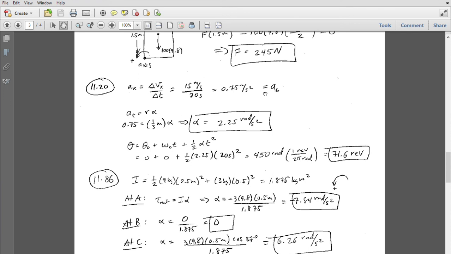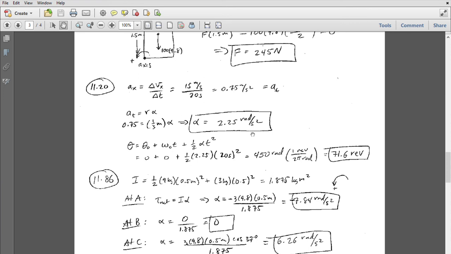Now, if that is the acceleration of the car, then that is also equal to the tangential acceleration at the edge of the wheel, so that we can figure out what the angular acceleration of the wheel is. In other words, if we know the linear acceleration and want the angular acceleration, we can use this relationship.